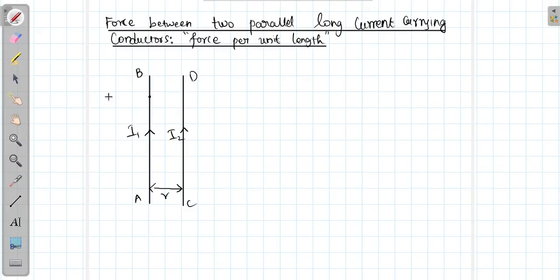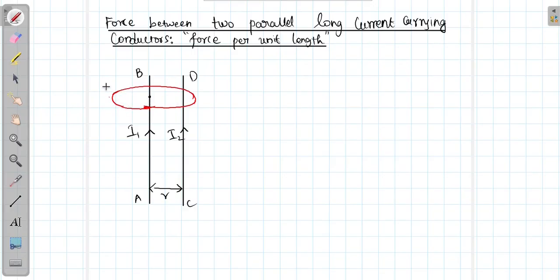I'll draw a little bit bigger. So this conductor AB produces a magnetic field and it extends up to the conductor CD. Therefore, the conductor CD is now in a magnetic field.